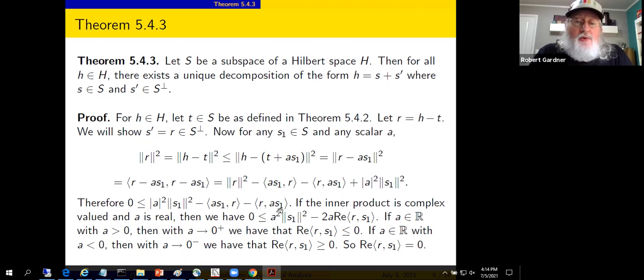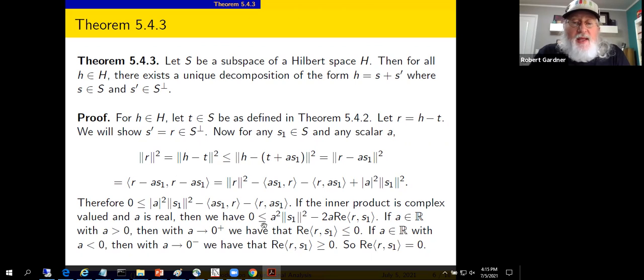We're trying to show this inner product is 0. The inner product of R with S1 is 0. We're going to do it by considering the real parts and the imaginary parts. So we left off with this inequality. If the inner product's complex valued, and that's our setting, and we take A to be real, we can do that. A could be any scalar, including a real scalar.